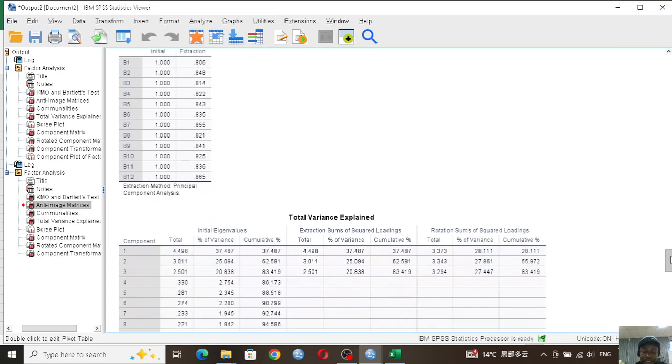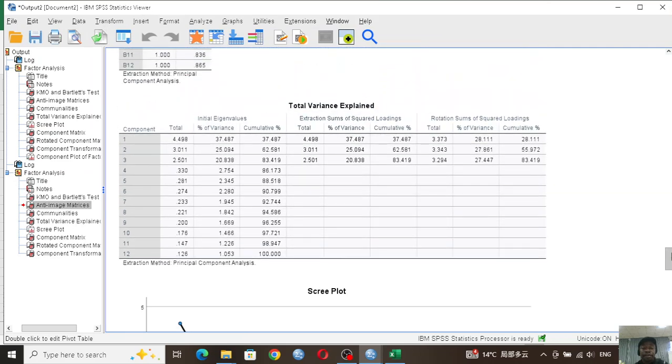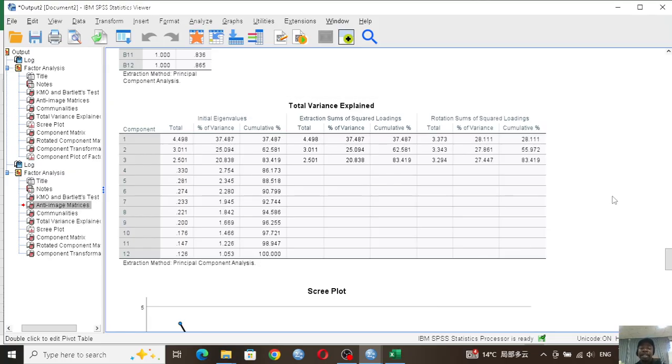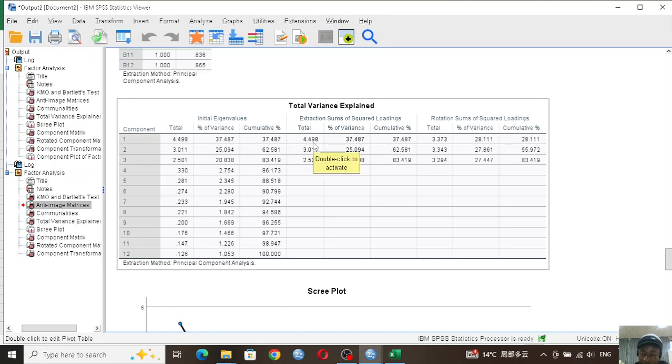And then the total variance explained table is just trying to tell us the number of components that should be considered, and the variance that is being explained, or the percentage, their contribution to the total that they can use to represent the entire data. So now you take the total here, that is the eigenvalue. When we were doing the selection, we said eigenvalue greater than 1, and these are the eigenvalues we are talking about. You can take it from here or there, they are all the same.